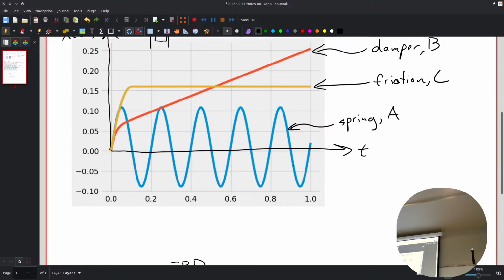Or you could say the spring and the damper have benefits, but maybe they need to be one system, combined so that the spring keeps it from disappearing, but the damper actually brings it to a stop. And that's typical: you try to cushion the fall and use a spring plus the damper.